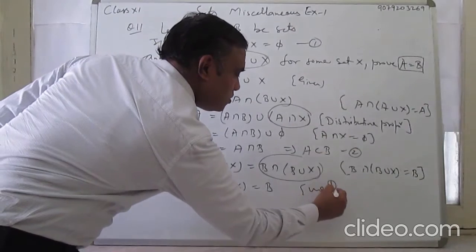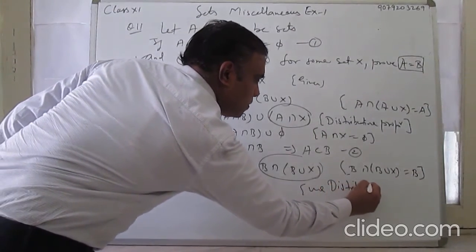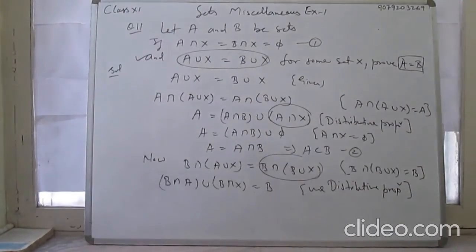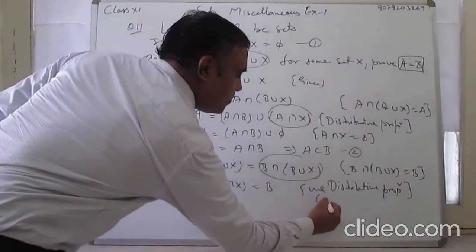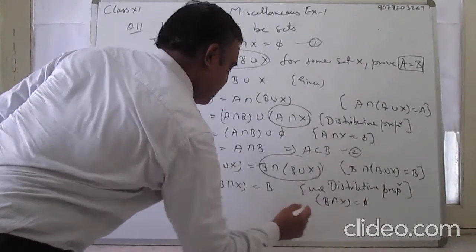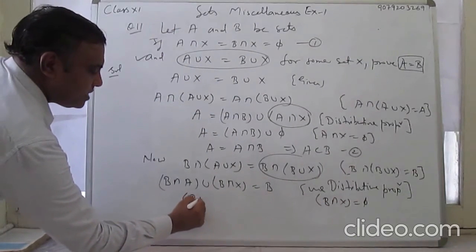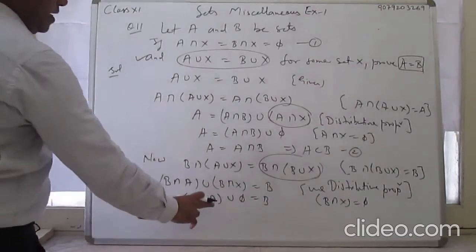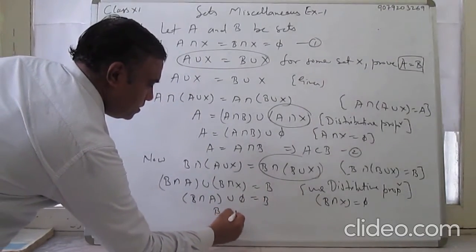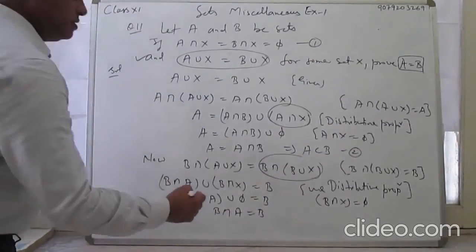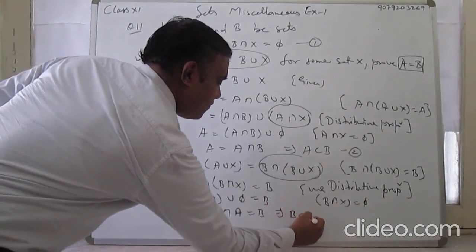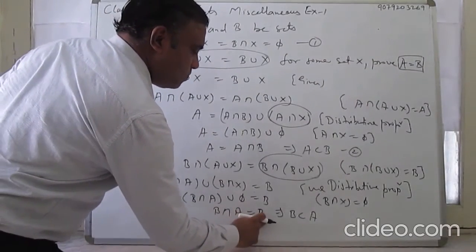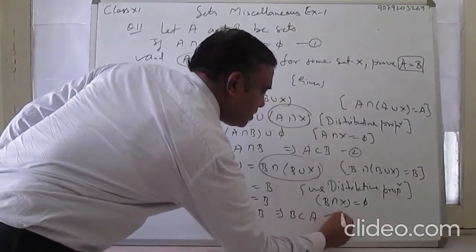Use the distributive property. What is B intersection X? Instead of B intersection X, you can write phi, the null set. So (B intersection A) union null set is equal to B, so it is B intersection A. This implies B is a subset of A. This is 3.